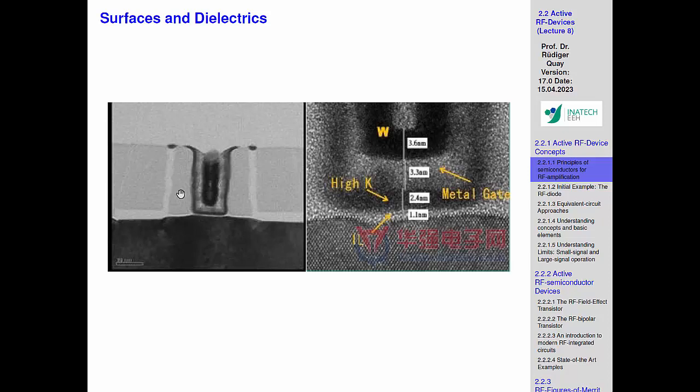What we see here is, first of all, an oxide. This is the silicon, this is an oxide, and then normally you learn there's metal oxide semiconductor. In this case, we have something in between: a third layer, the high-k dielectric.